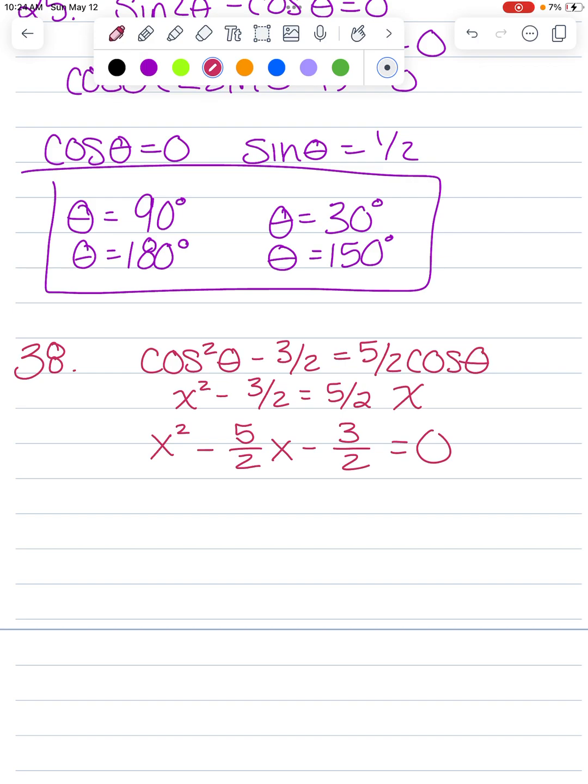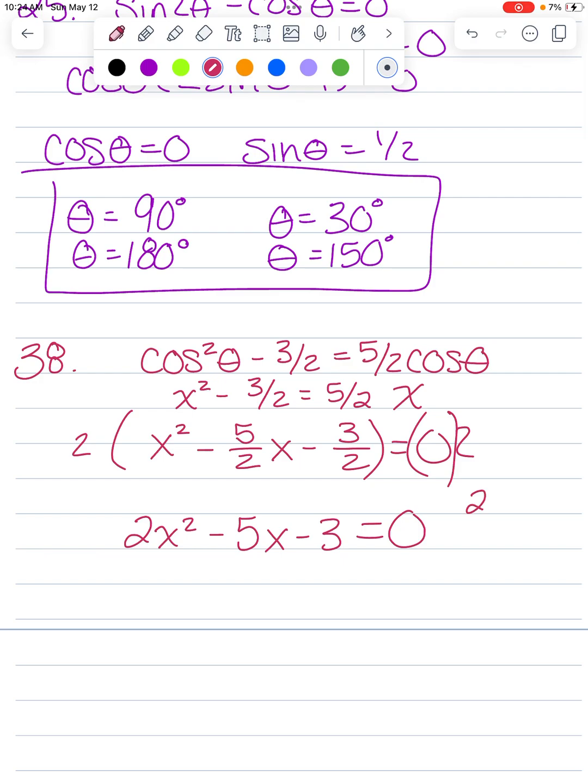But we don't have to solve it like that. We can change these into integers because the problem is that we've got things being divided by 2. Well, let's undo it. Let's multiply by 2. But to multiply both sides by 2, if you multiply one thing, you multiply everything. Now, generally speaking, we still want it equal to 0, but 0 times 2 happens to be 0. 2x squared minus 5x minus 3 equal to 0.